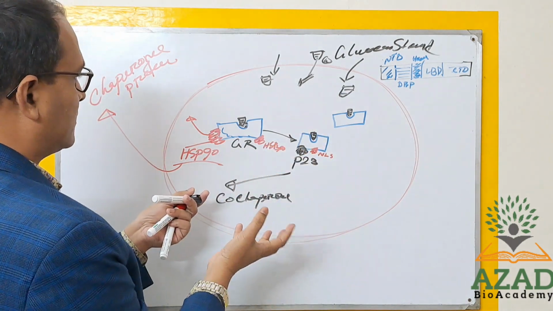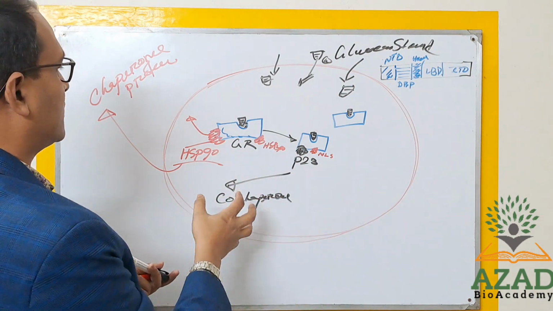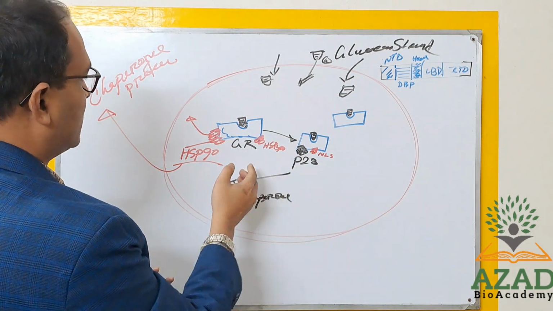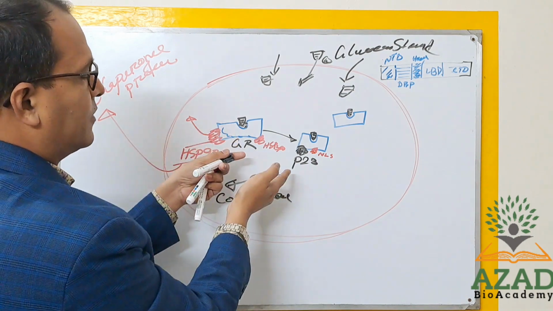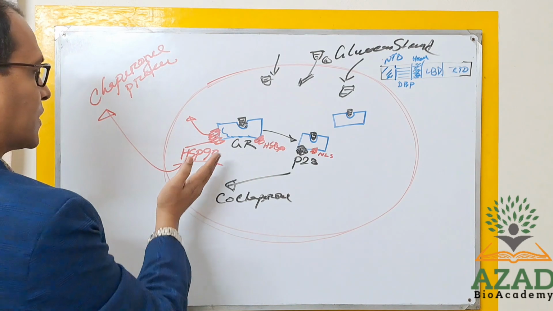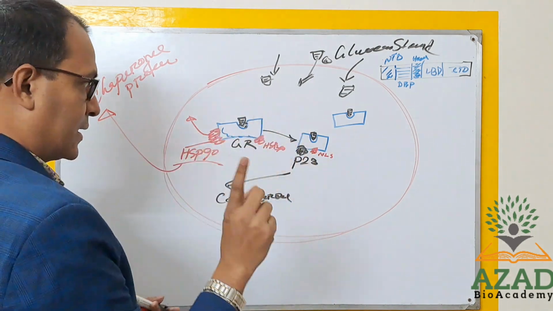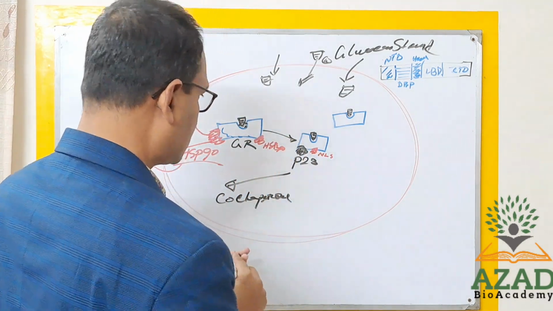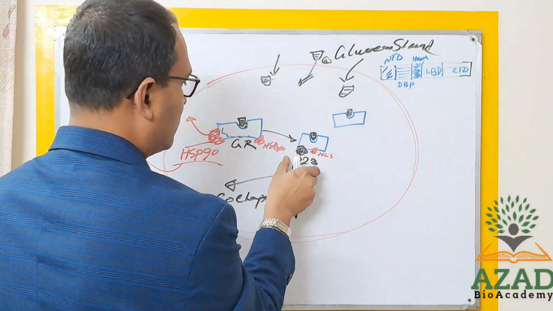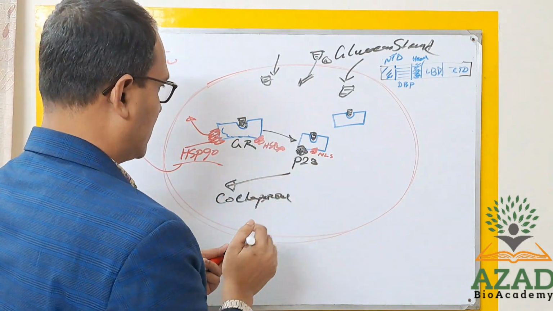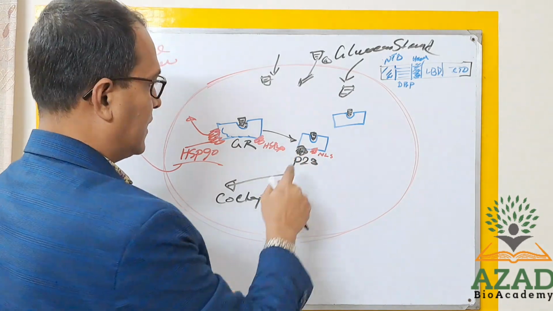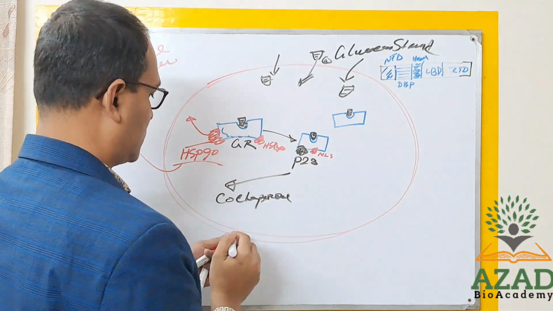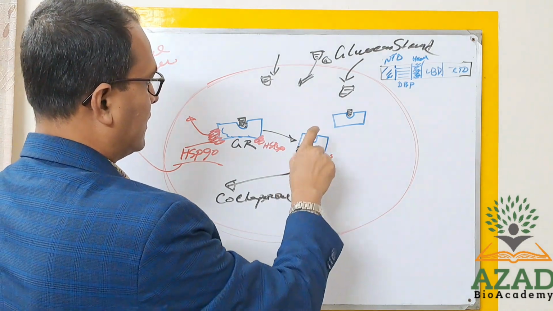That means when the ligand will bind to the receptor, HSP, that is the chaperone protein, will detach, and instantly the co-chaperone protein will attach with the ligand-bound glucocorticoid receptor. Some journals say P23 can also be present at the time, but when it will detach, it will be functioning. But mostly it will detach and then it will attach. This is the most common. Okay, so when P23 will attach with the receptor, then it will help to express the NLS sequence, and also it will make a dimer.